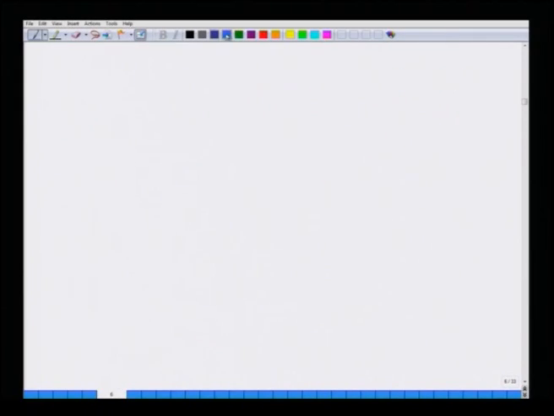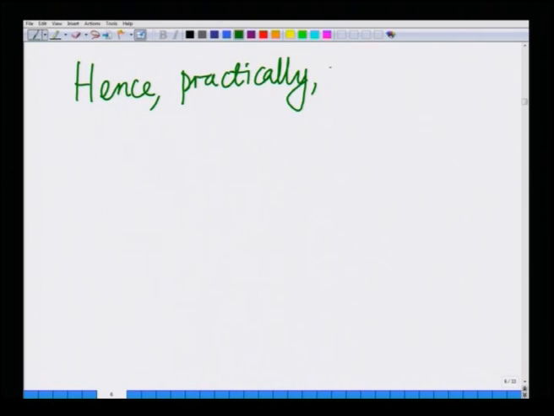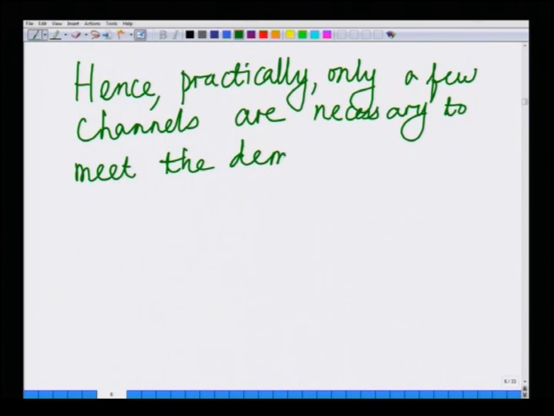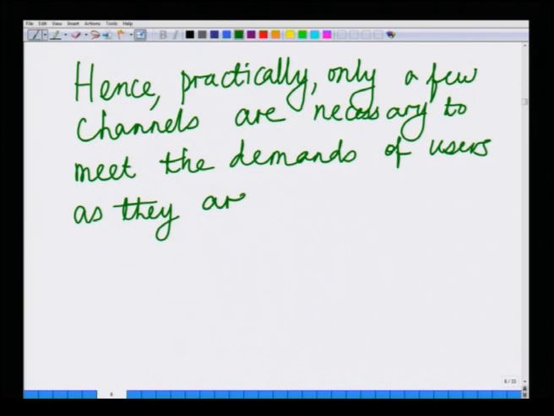Hence, speaking practically, only a few channels are necessary to meet the demands of users as they are random in nature.